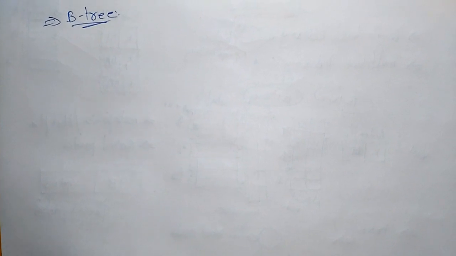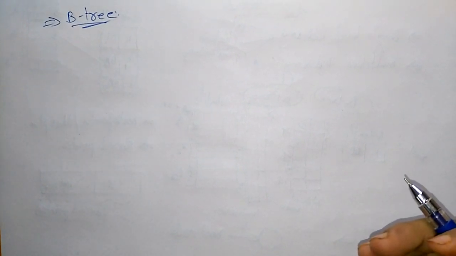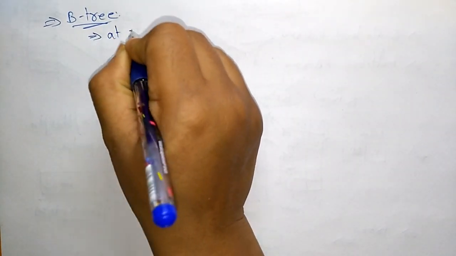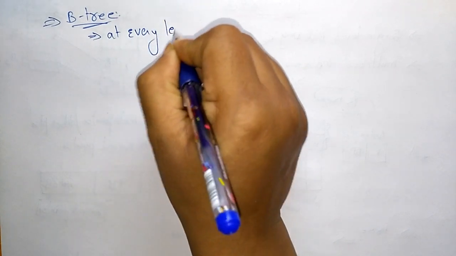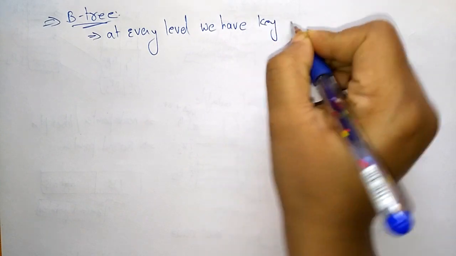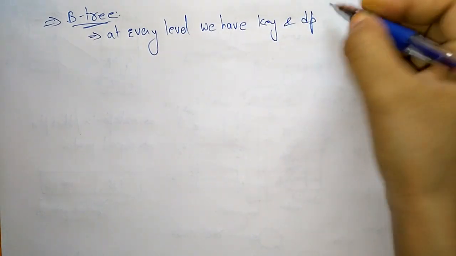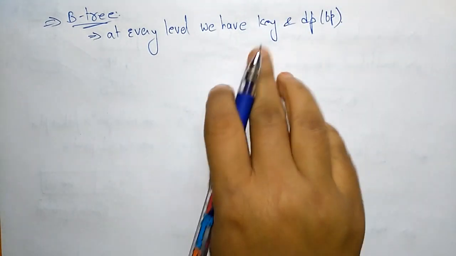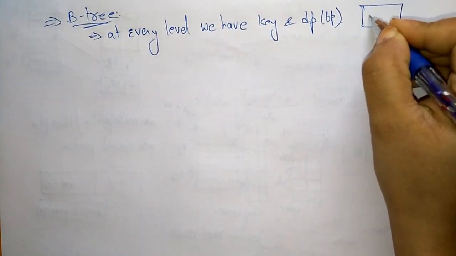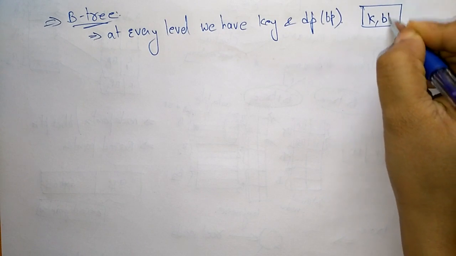So let us start the B tree. So we had seen what is a tree. Tree consists of root node and child nodes that you call as the internal nodes, and after that you are having the leaf nodes. So in a B tree, at every level we have a key and data pointer or block pointer.